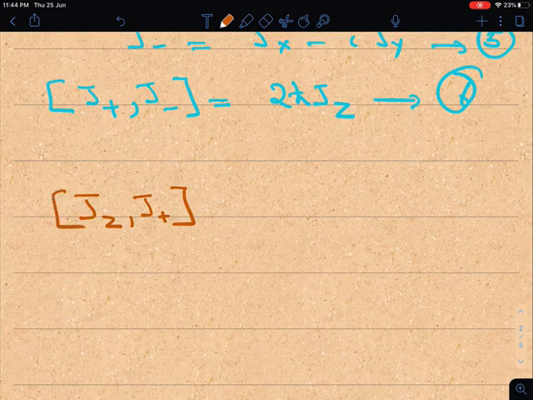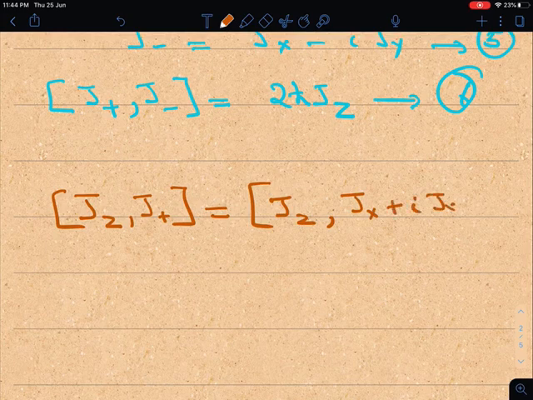So that will be the fourth commutation relation. Now we'll just substitute for J plus and see how it looks. So [Jz, J plus] means [Jz, Jx plus iJy].